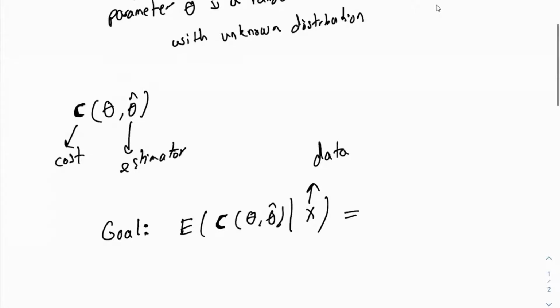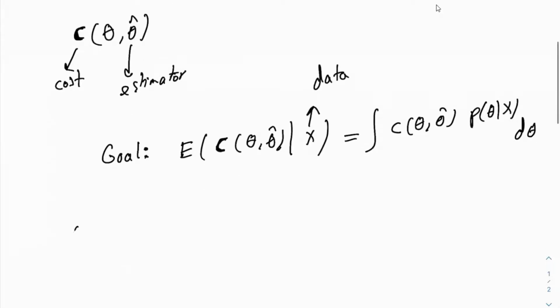So this will be equal to the integral of C of theta hat times P of theta given x, d theta. Okay, so this is just a definition of conditional expectation.